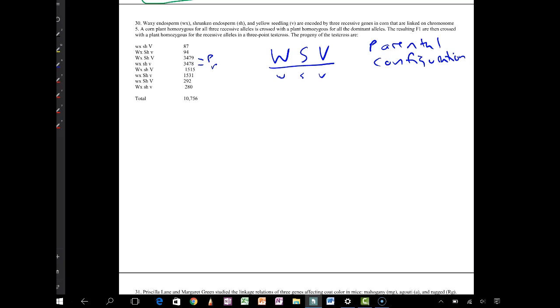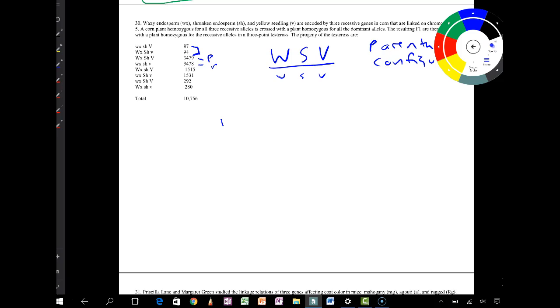To see what's in the middle, we have to look at the fewest. The fewest are our double crossovers. I'll put these in a different color just because we can. So our DCOs are 87 and 94. These are our smallest.